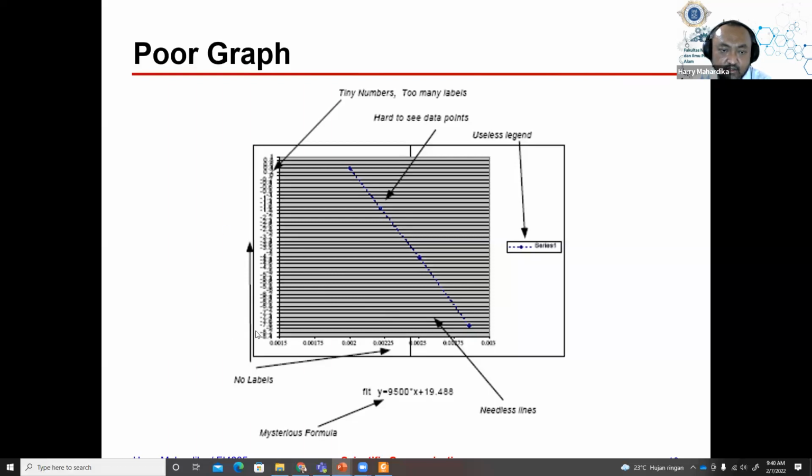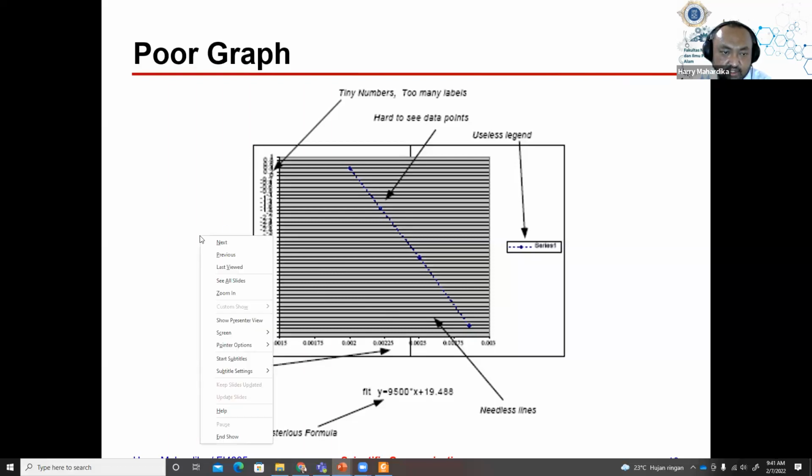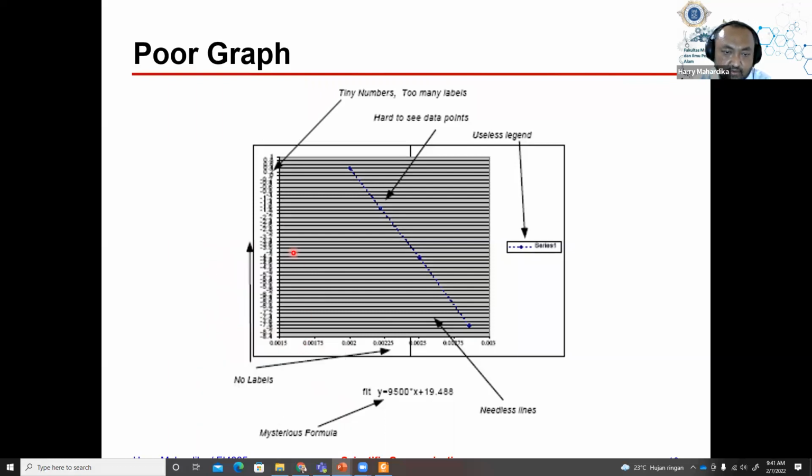For example, here in the y-axis, let me turn on the pointer. We don't need to include all of the numbers here. We could make a range or interval, from minus something until 1.